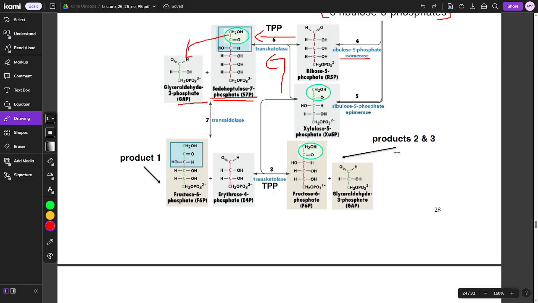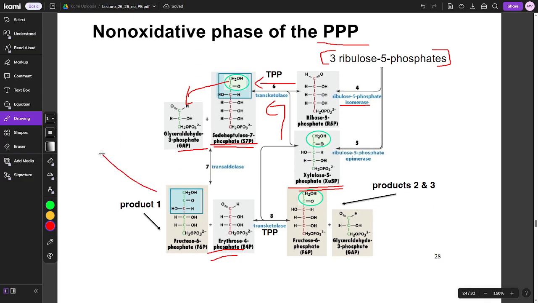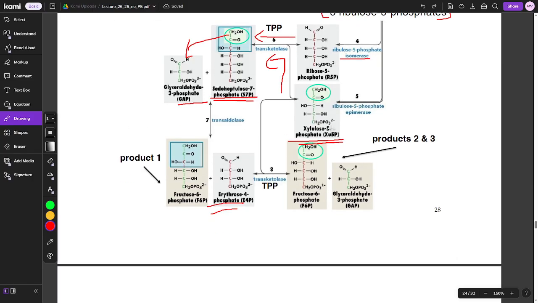The other option we have is that now we also have the option to do a transketolase reaction with this erythrose 4-phosphate and this xylulose 5-phosphate, because remember, this is a constant cycle. So this fructose 6-phosphate goes off and into glycolysis, and from here we take a xylulose 5-phosphate.